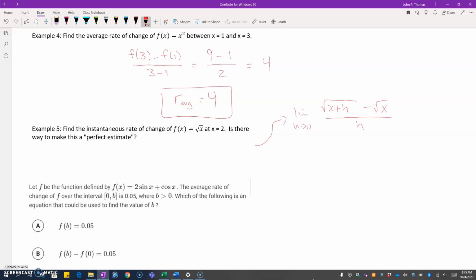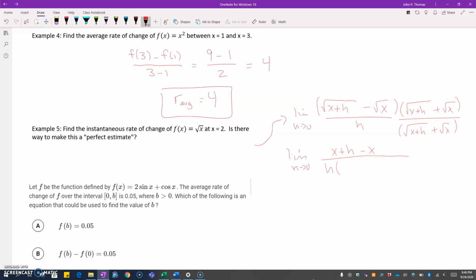So when I look at this one, it almost screams at me, use the conjugates method from our limit days. So I'm going to go ahead and multiply top and bottom by root x plus h plus root x, over root x plus h plus root x. So I've got limit h goes to 0. In the top, I've got my difference of two squares pattern, so I've got x plus h minus x.